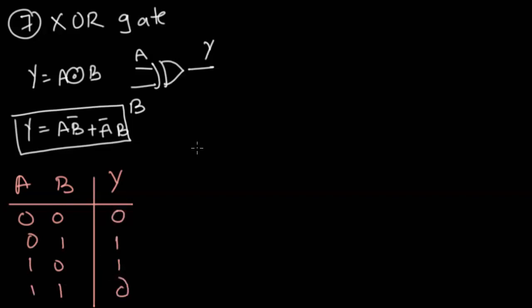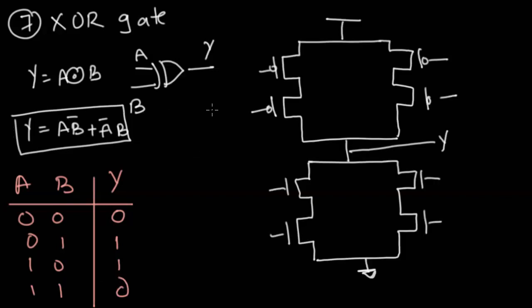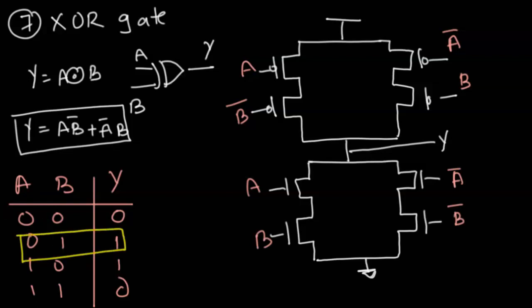Let's understand the working of the XOR gate with the help of transistors. So here we have my 2 input XOR gate with A, B, A bar and B bar inputs, and my output Y. Let's test the working of my XOR gate with one of the input combinations. So let's take 0 and 1.